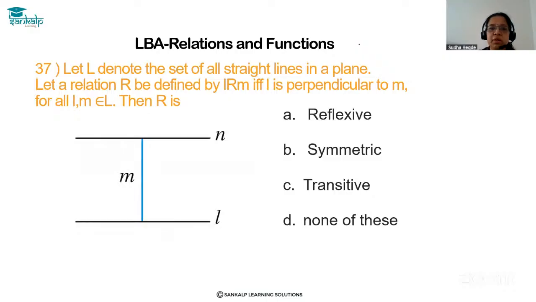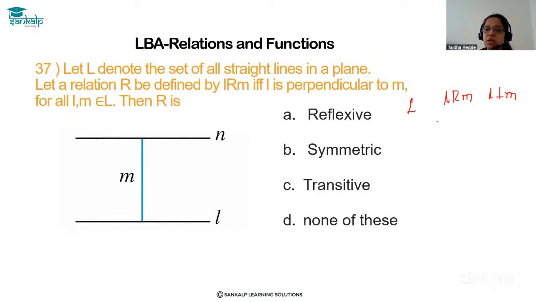So what is given? L is a set which contains the lines. So the relation is, suppose L and M are lines, L R M is L perpendicular to M. Correct?